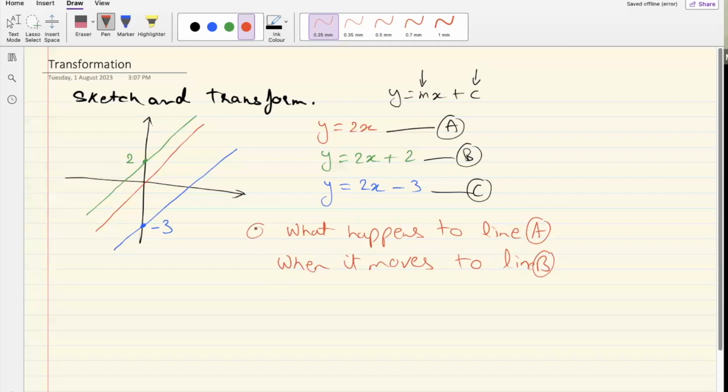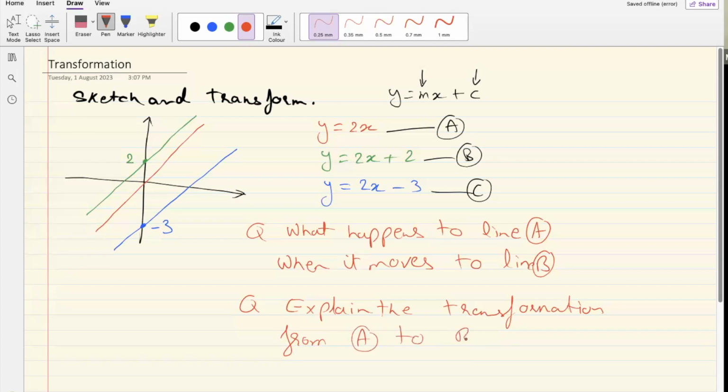Or it would say, explain the transformation from A to B. From A to B. If you see, A is the line in red, B is the line in green.